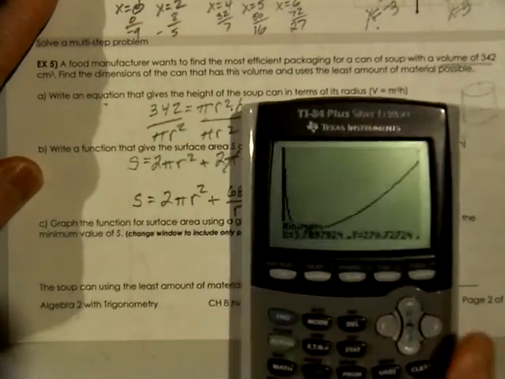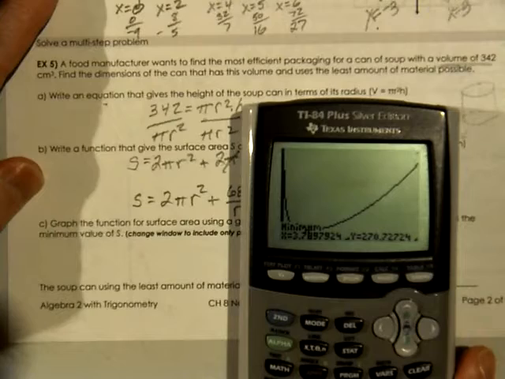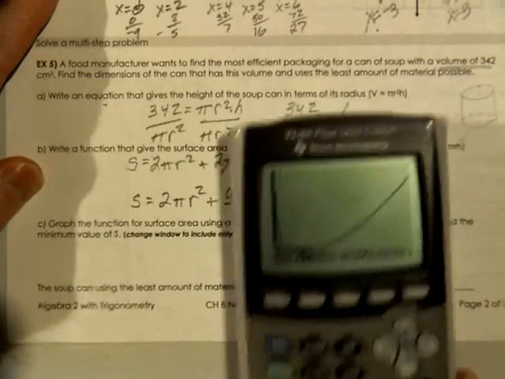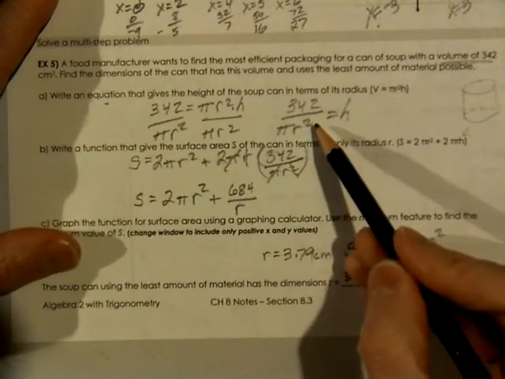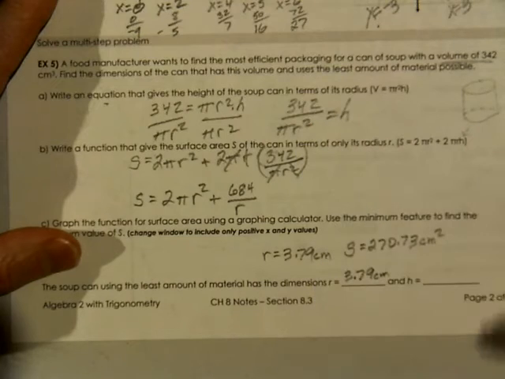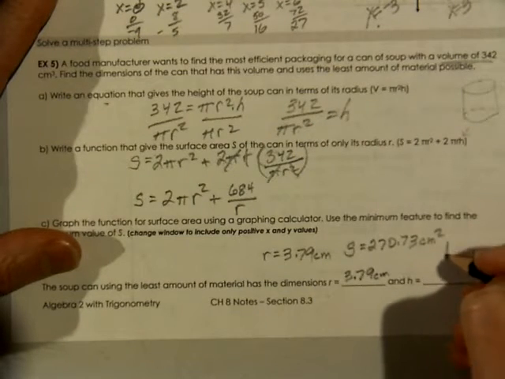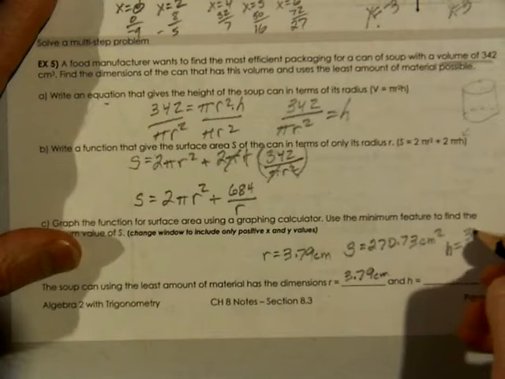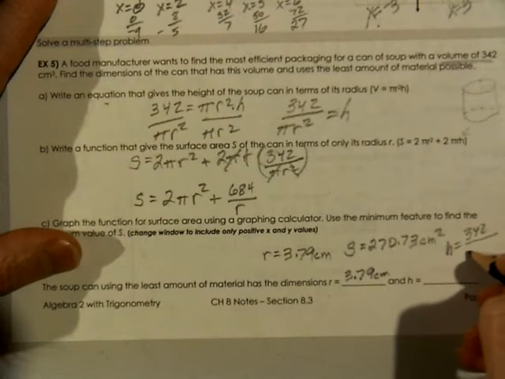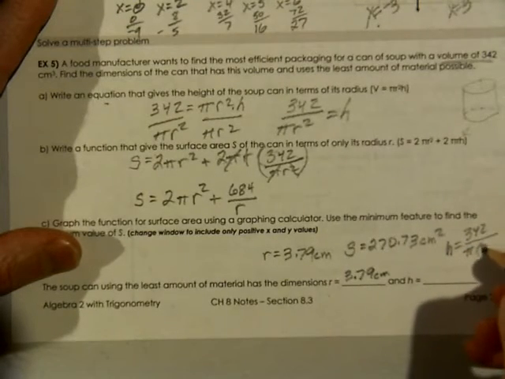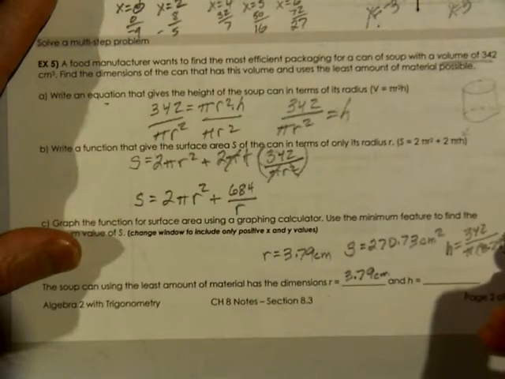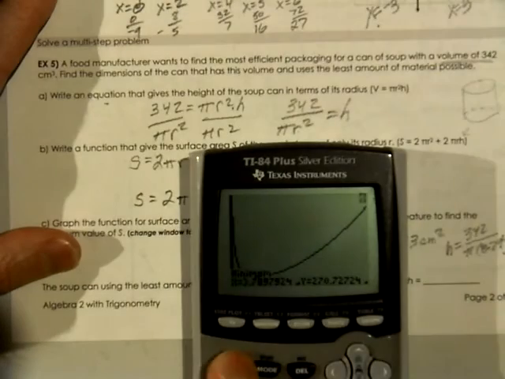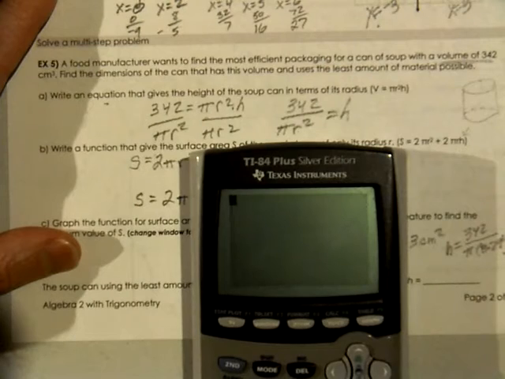Height is not part of our graphing calculator. We didn't have an h in our equation, but we know what h is in terms of r. So if we come over here and say h equals 342 over pi times 3.79 squared, I can type that in. Using parentheses is always good, but you wouldn't have to.